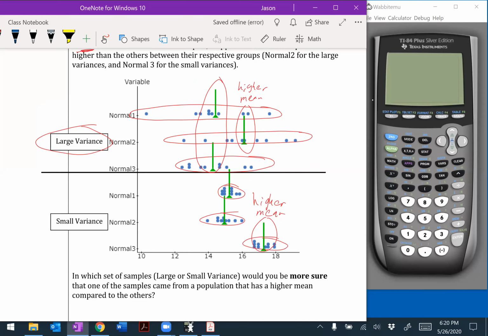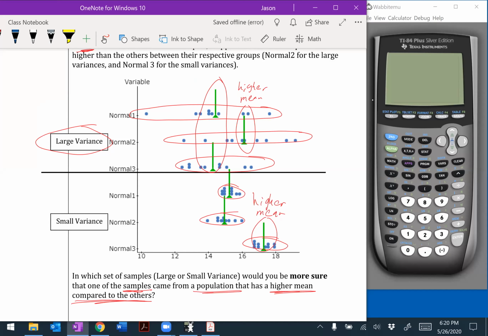It says, in which samples, the large or small variance, would you be more sure that one of the samples came from a population that has a higher mean compared to the others?